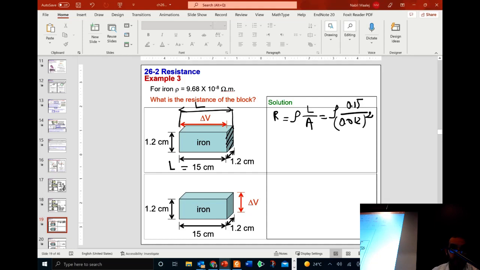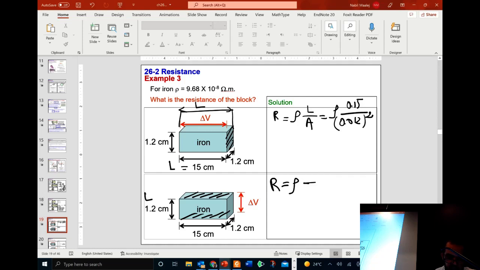Okay, now look at the next question. Now it's the same dimension, except the voltage is applied between two different surfaces. Notice delta V now is applied between this surface and this surface. So even though the equation is the same, the length is not the same. What's the length here? Exactly. So this is now the length.